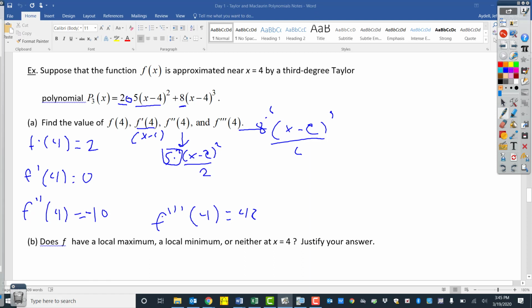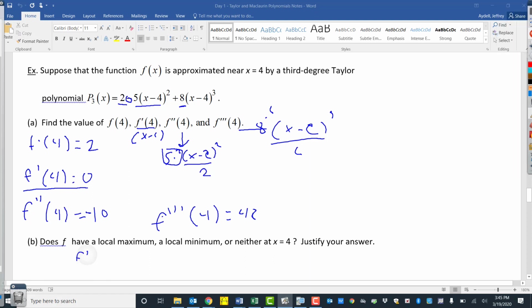All right, so let's look at this one. So let's start with the local maximum, or local minimum, or neither. Let's start with where we get this idea from. We see that the first derivative is equal to 0. And we remember that if f prime of c is 0, then we have two things that could happen. If f double prime of c is greater than 0, which means f double prime of c is positive, then we have a min.